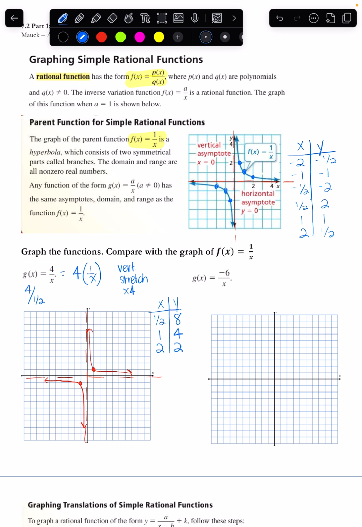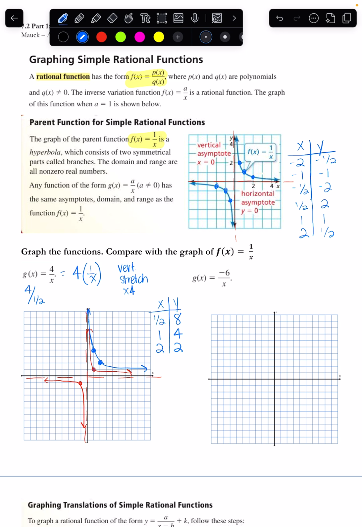So you should be able to see that this point that is at 1, 1 ends up being at 1, 4. The point that was at 2, 1/2 ends up being at 2, 2. So we have a vertical stretch happening here, and that shape is going to look the same.